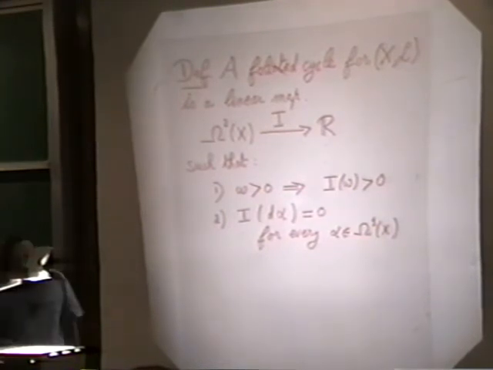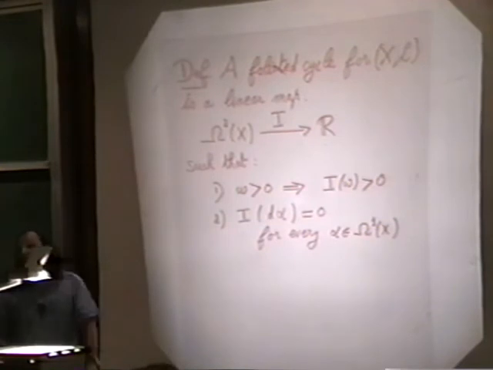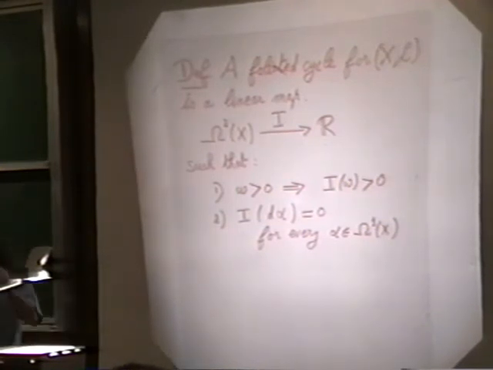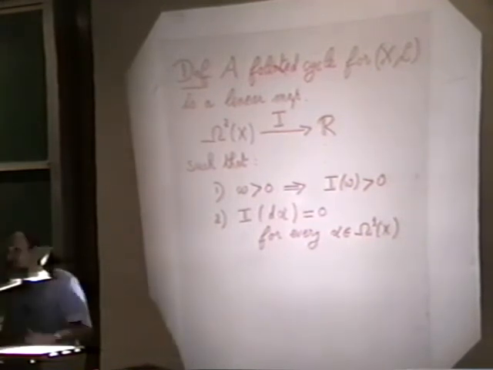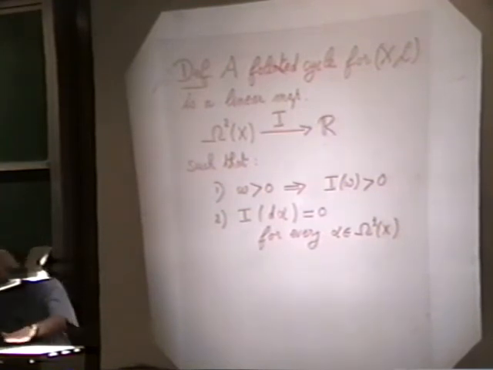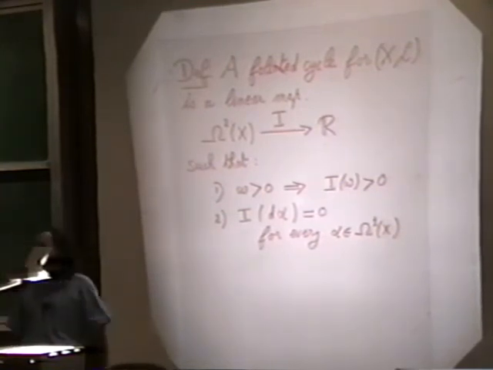And the most important condition, the second condition, is that we want to impose Stokes' theorem. By this definition, if you have a lamination, we would like to have such a foliation cycle.